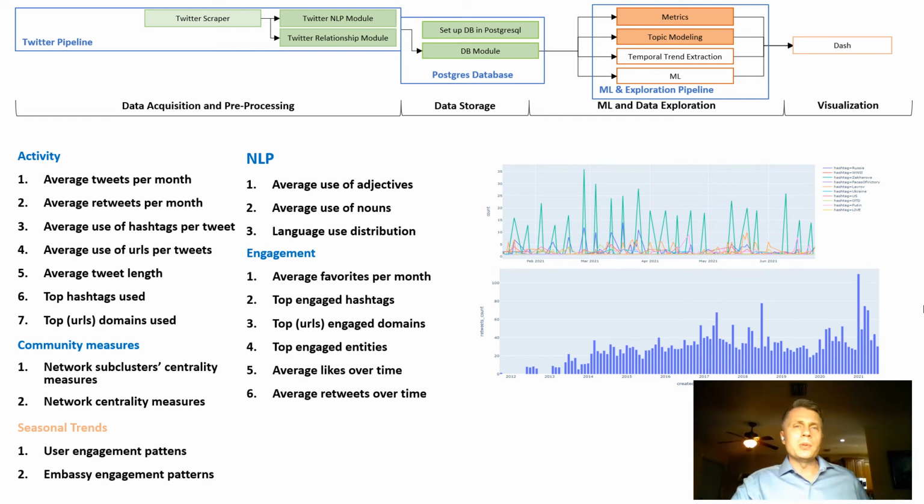Another piece that we're thinking of doing, we'll see if we run out of time or not, but hopefully not, that'll be super exciting if we do get to implement it, is comparing the temporal engagement patterns between the embassies and the target audience.